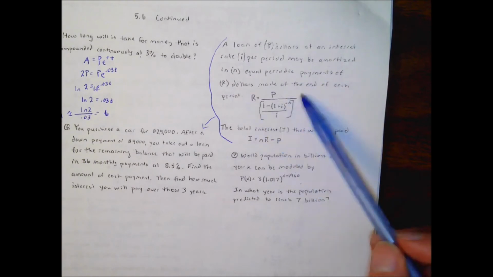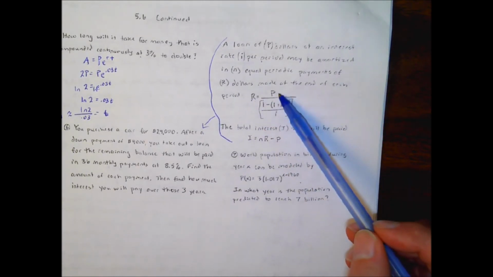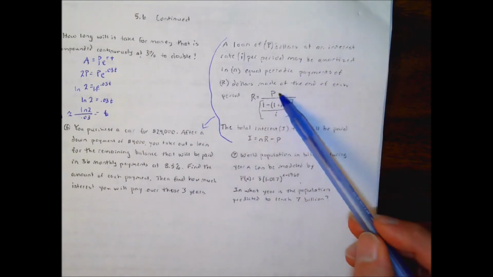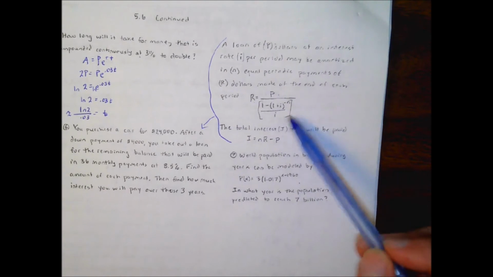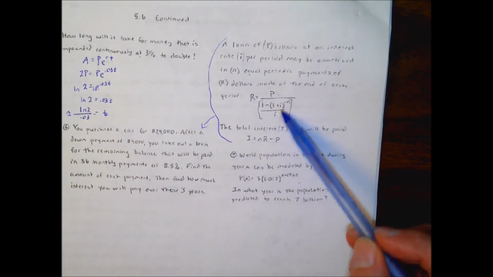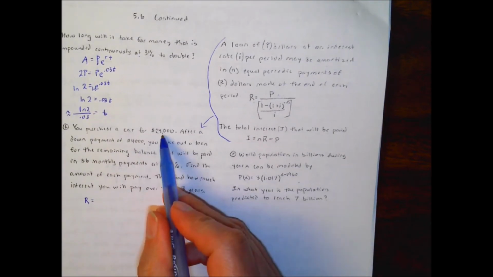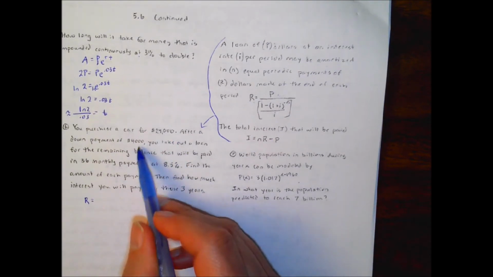So the R, which is the payment of R dollars, how much we have to pay every month, is equal to how much we owe, in this case $20,000, divided by this, 1 minus, and so on. To plug these numbers in, our monthly payment is going to equal, we bought it for $24,000, but we already paid $4,000 down, so we owe $20,000.